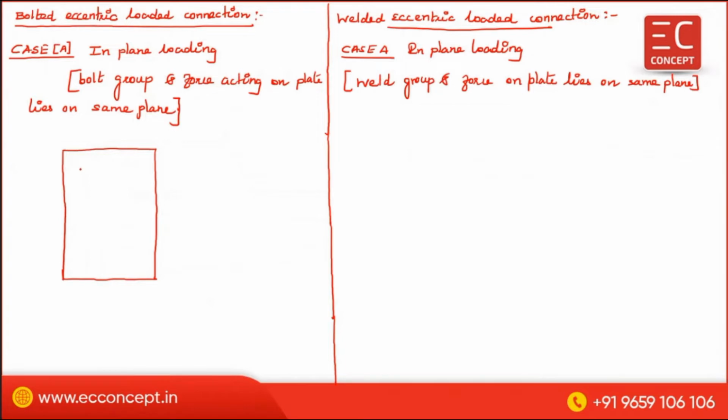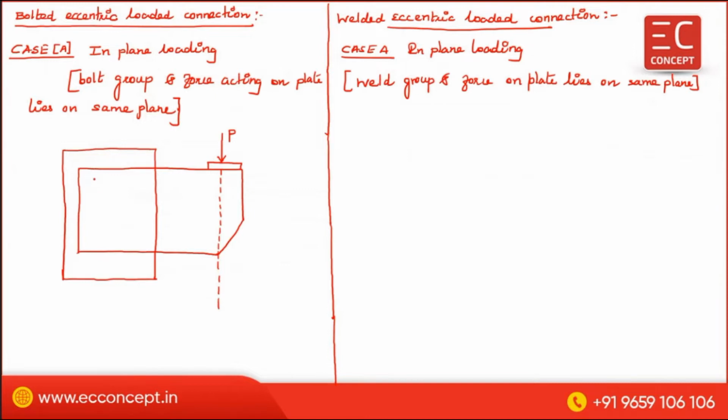There is a bolt group eccentrically. This is the cover plate. Okay, and somewhere here there was a force. The force P is acting somewhere here. So P passes through like that.